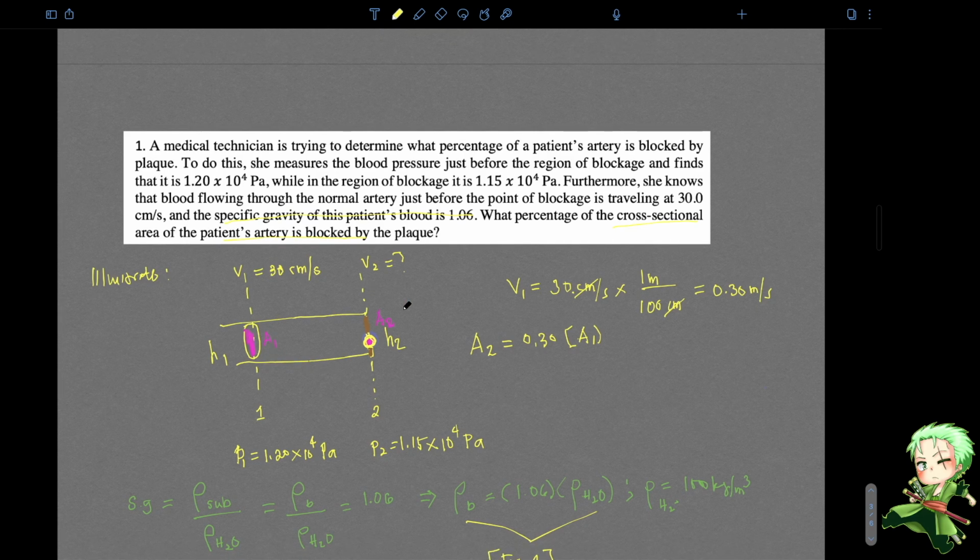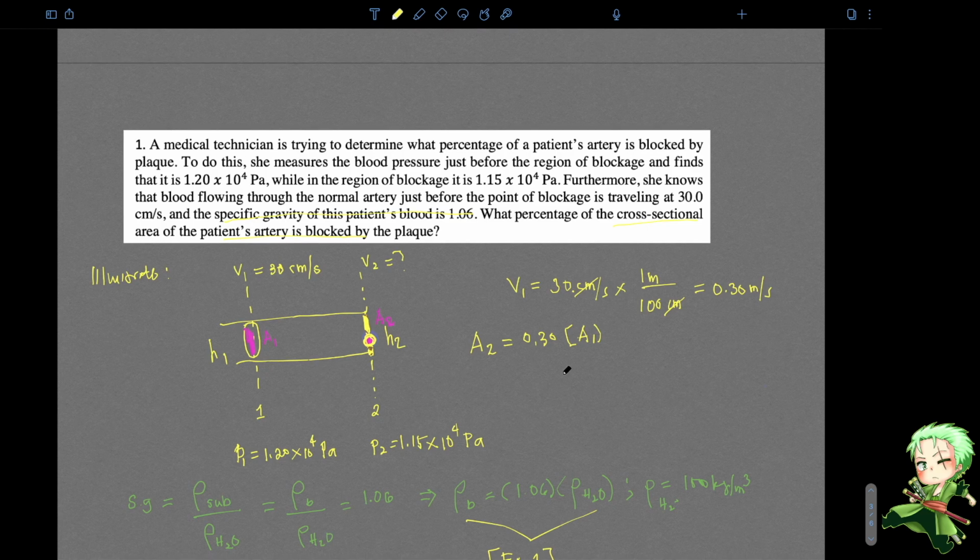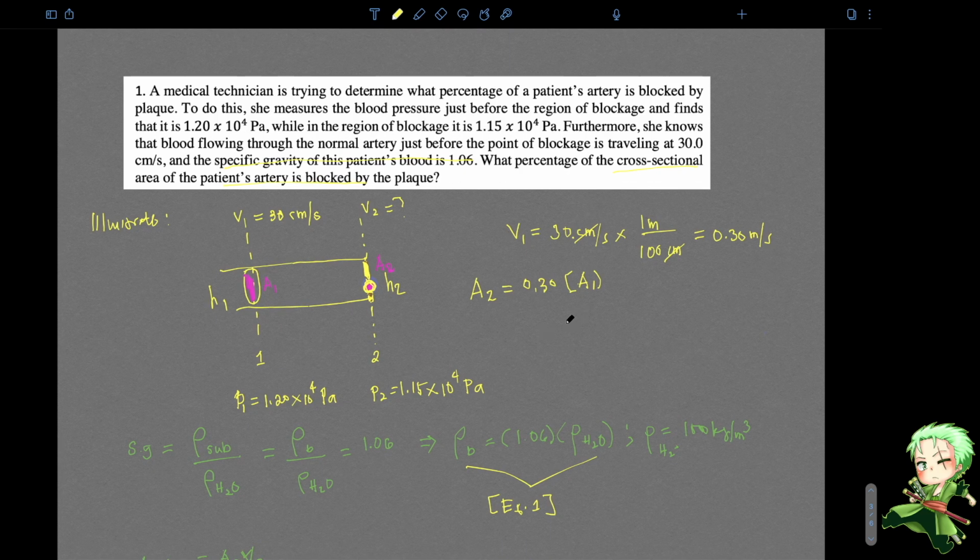But since the problem asks for the percentage of the cross-sectional area that is blocked by the plaque, that means the cross-sectional area aside from this small hole through which your blood is flowing, which is covered by the plaque, which is this one. That is not 30%, but the complement of 30%, or 70%. 70% is actually blocked by the plaque.